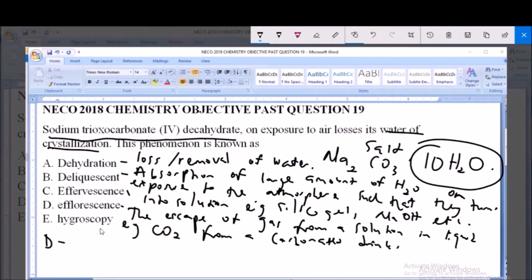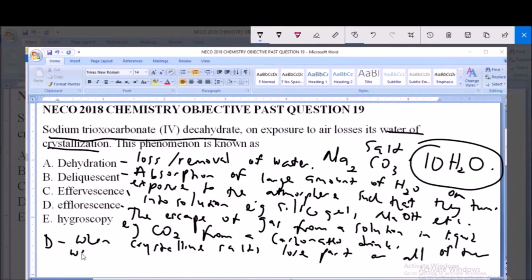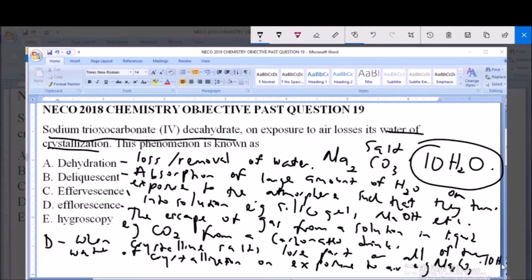Now, option D, efflorescence, refers to when crystalline salts lose part or all of their water of crystallization on exposure to air, such as what is seen in Na2CO3, that is sodium trioxocarbonate 4-decahydrate.